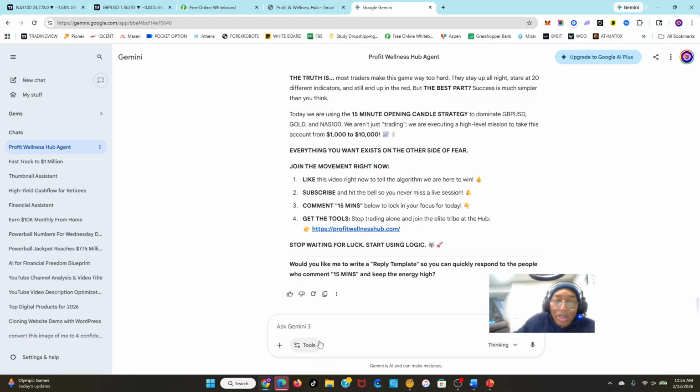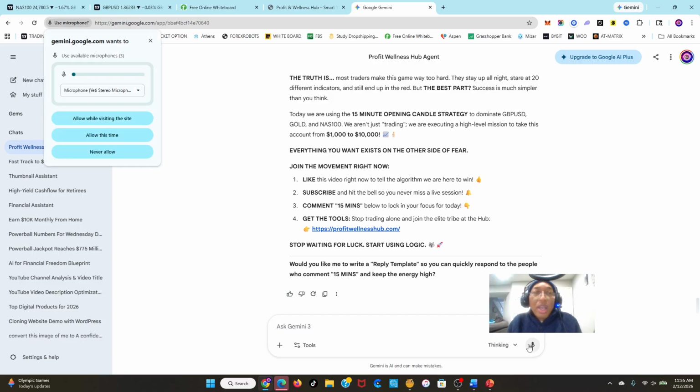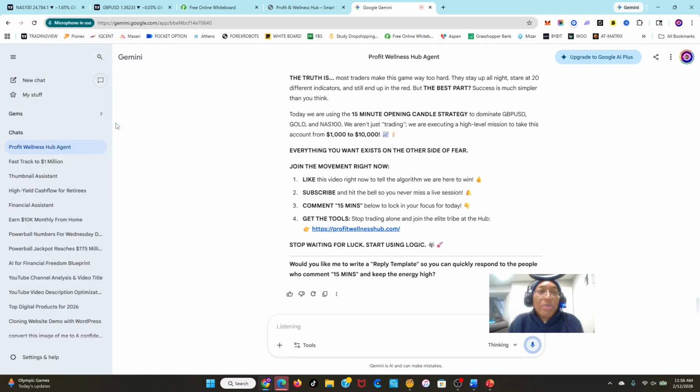We just have a chat with Google. Actually, we can put it on speaker, and we're gonna put the microphone in use. You can see the microphone is there. So I'm gonna talk and Gemini is gonna be writing, okay? So you guys see how AI works.